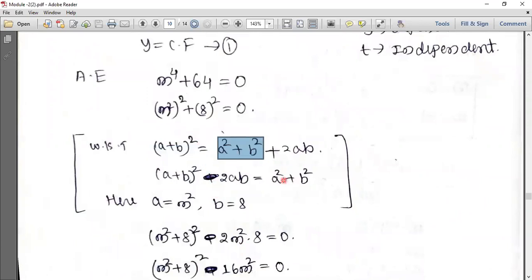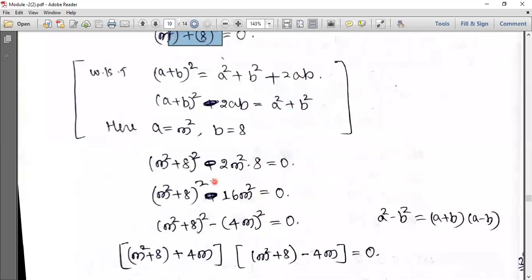Here you just compare: A means m square, B means 8. So this is equal to this quantity. So I'll write as usual m square plus 8 the whole square minus 2, A means m square, B means 8, which is equal to 0.